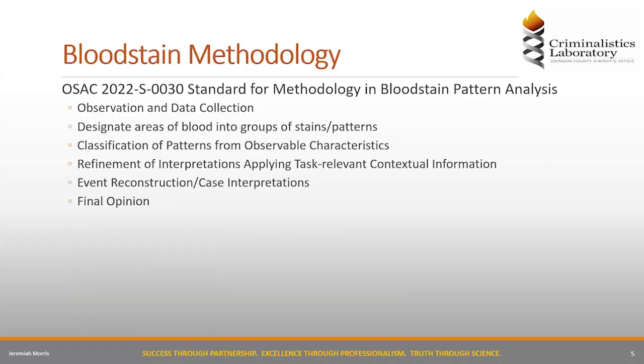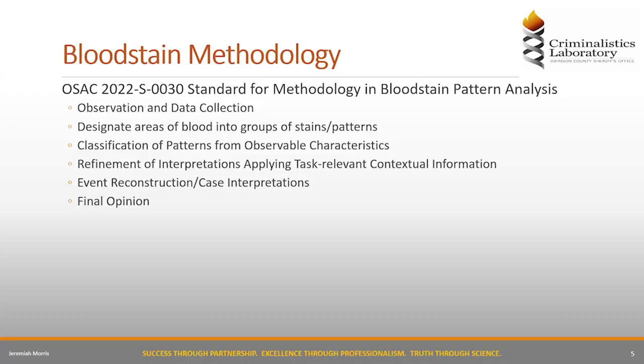So most of you may be familiar with, or hopefully most of you are familiar with, OSAC, and OSAC has developed a draft method for bloodstain pattern analysis, and you can find it on the OSAC website. They have broken down the methodology into their own steps. It's very similar to the method that I presented on the previous slide.